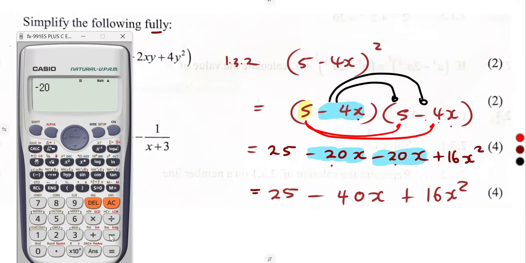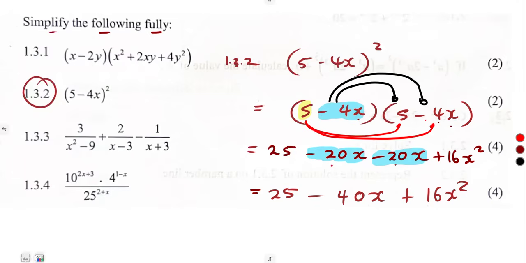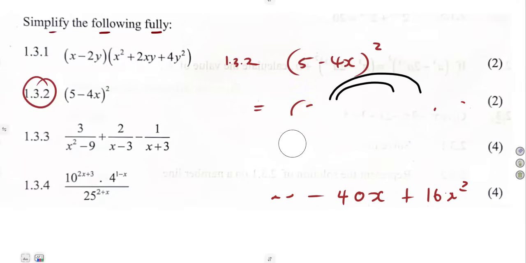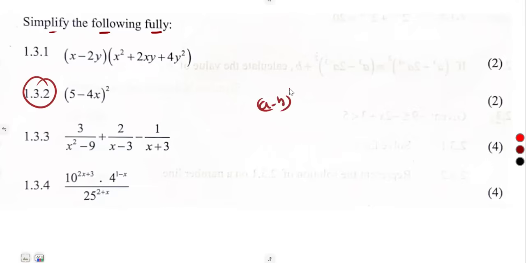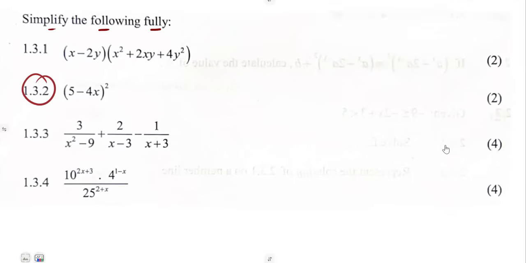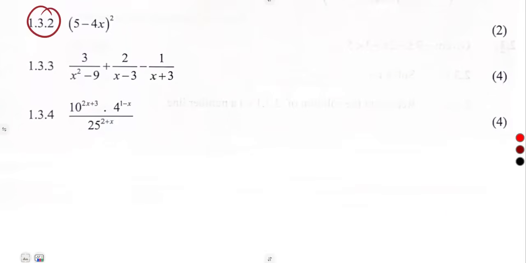Minus 20 minus 20 like this, that's minus 40. So it's going to be minus 40x. All right, so easy expansion, or you can simply use the concept a minus b squared is equal to a squared minus 2ab plus what? B squared, and expand it in that manner. Still, you're going to have the same answer on that one.